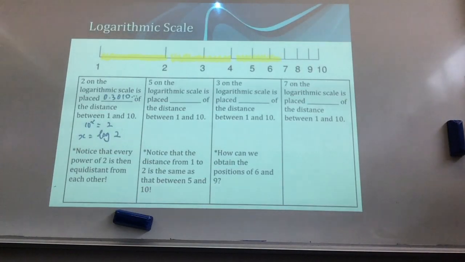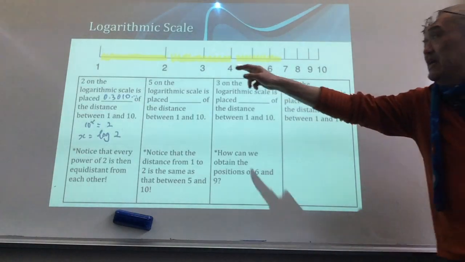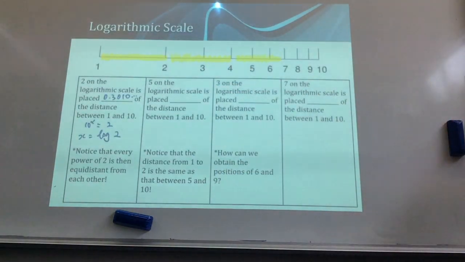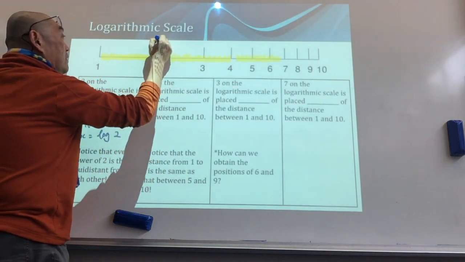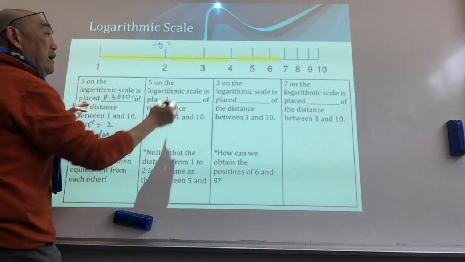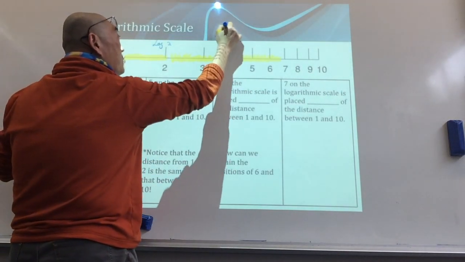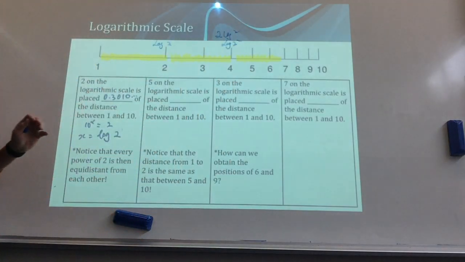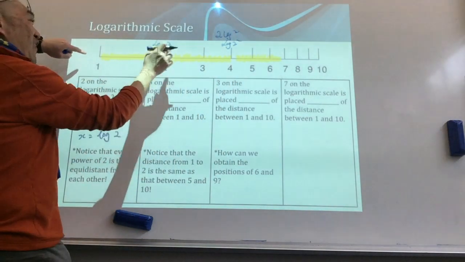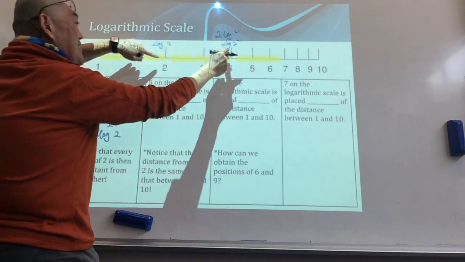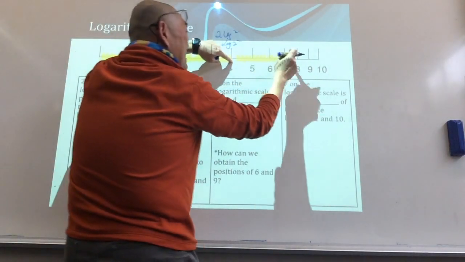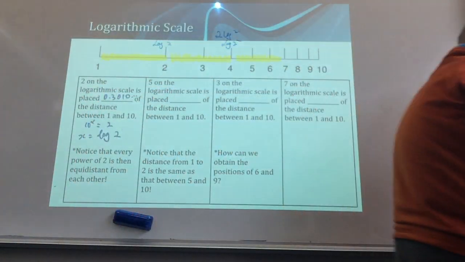Why is that so? It's a scale of 2. Let me write it on the screen to make it a little easier. That is log of 2, correct? This is log of 2 squared, which is 2 log 2, correct? So therefore, this distance is the same as this distance, to 8.